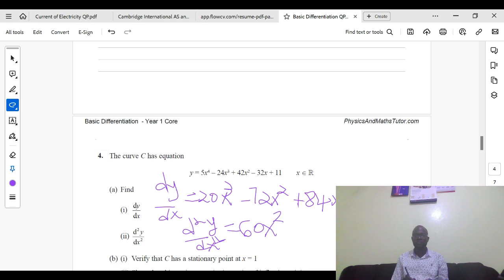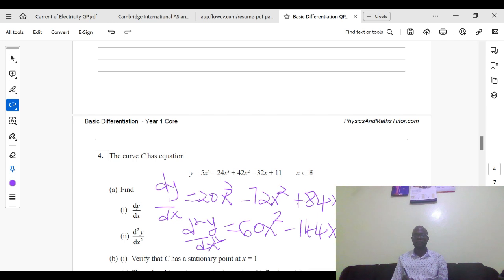Multiply 2 by 72, that gives you 144. Subtract 1 from 2 just gives you x. X power 1, but you don't write the 1, you just leave it as x. And then 1 multiplied by 84 is 84.